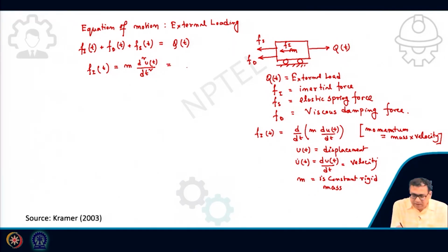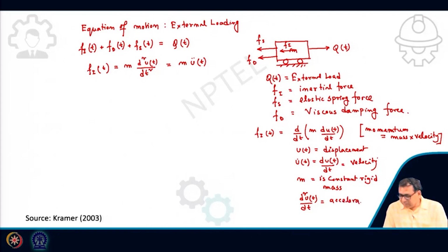So I can write this as m u double dot (t). I have discussed these things in the previous class also. So Fi is equal to m u double dot (t).